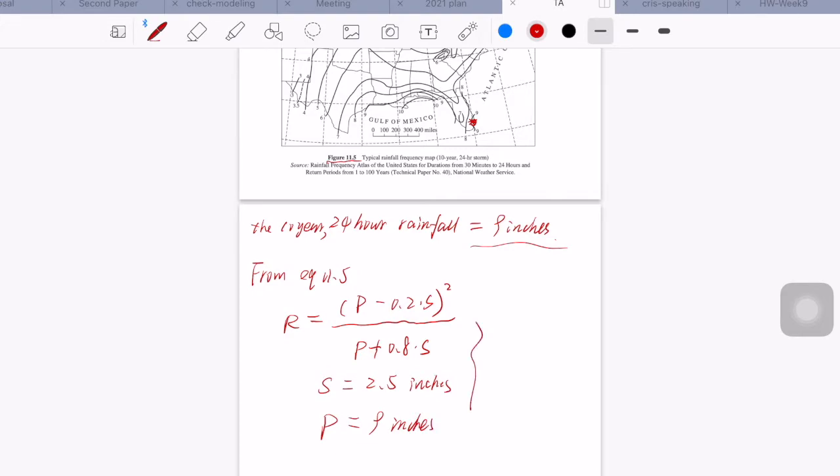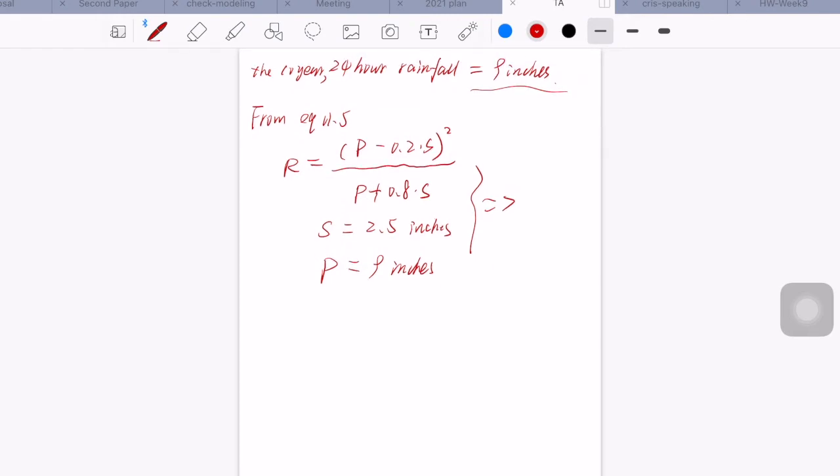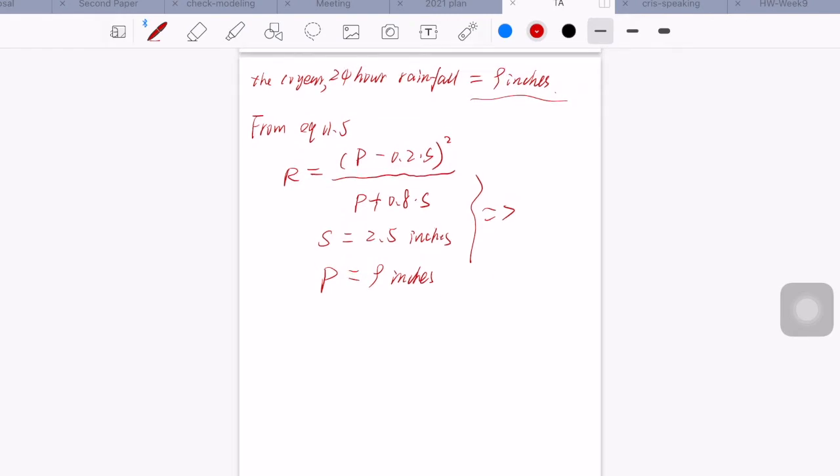So we can determine the runoff depth R should be equal to 6.57 inches.